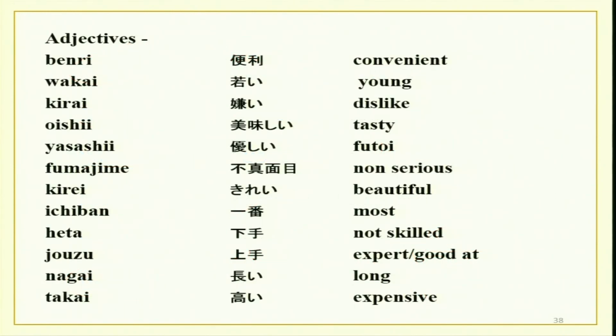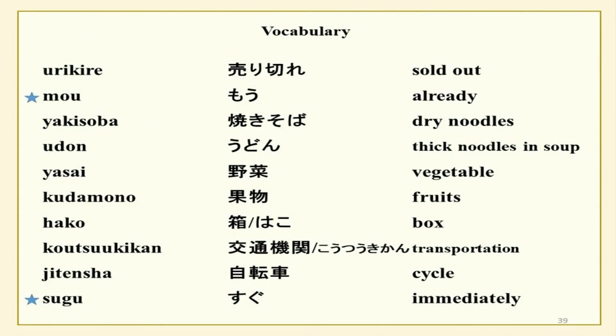Now, there are adjectives over here for you: benri, wakai, kirai, oishi, yasashi, fumajime, kirei, ichiban, heta, jozu, nagai and takai. Now, ichiban is not an adjective, all the others are adjectives. Then we have urikire. Urikire is something that is sold out generally at shops, in fetes and in melas, where you make something and you go and sell.